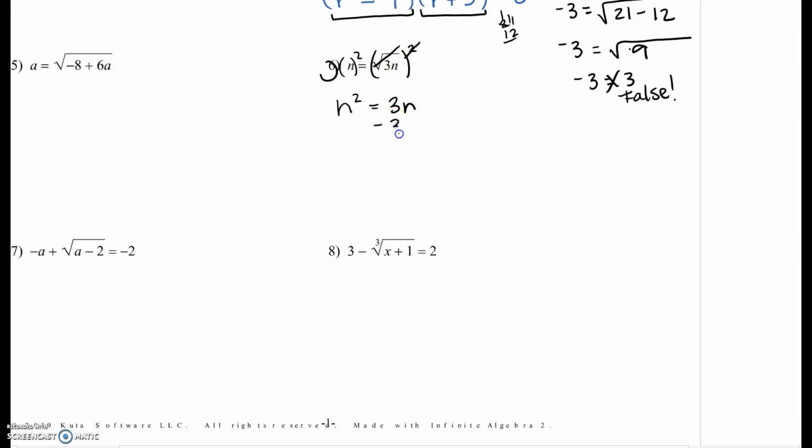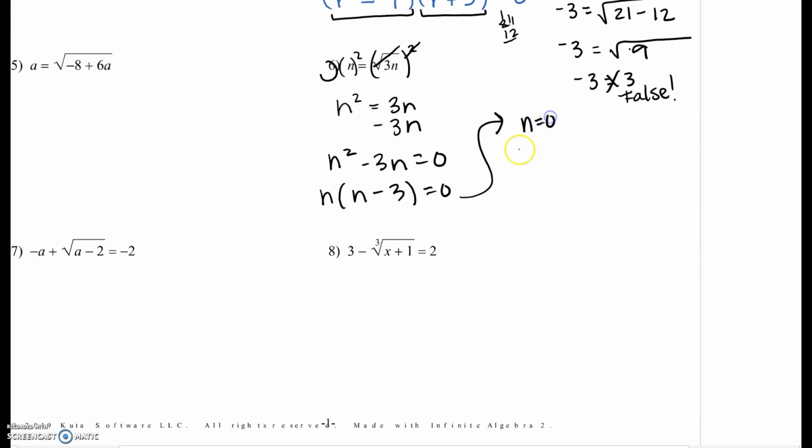I subtract the 3n, so I have n squared minus 3n equals 0. I factor out an n, so I have n times n minus 3 equals 0. Then I have n equals 0, n equals 3, because I set both parts equal to 0. And then I'm going to check to make sure that they both work.